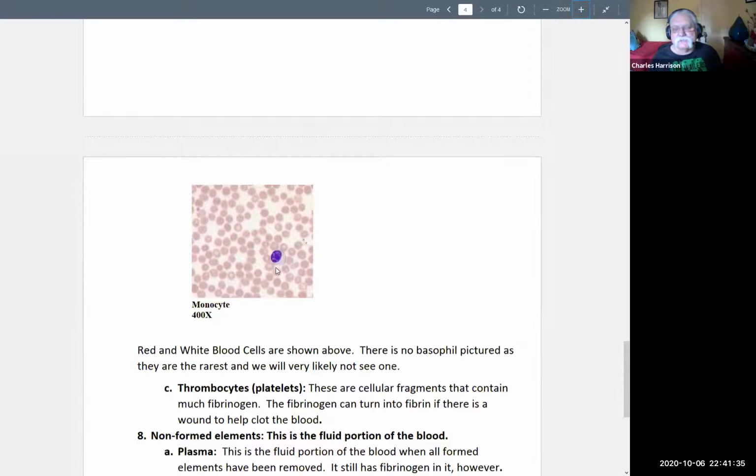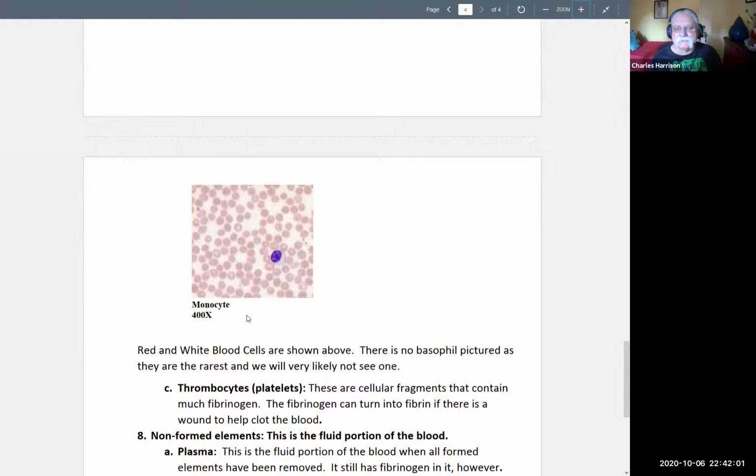Sometimes the monocyte nucleus fills up almost the entire cytoplasm. And if you were to rotate this towards you this way, then this dark nuclear mass may cover everything and you don't see it all.